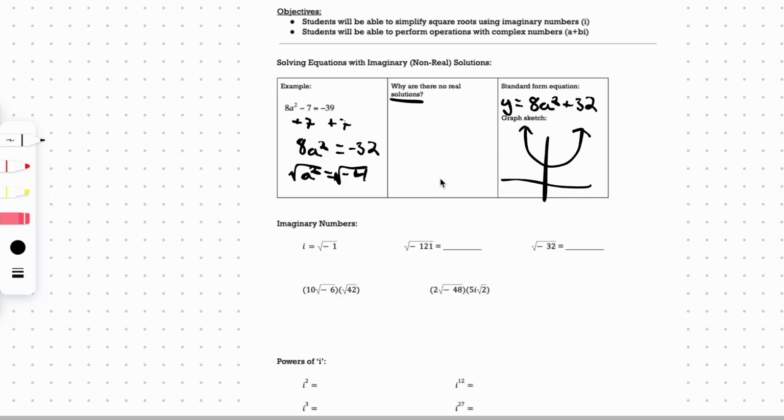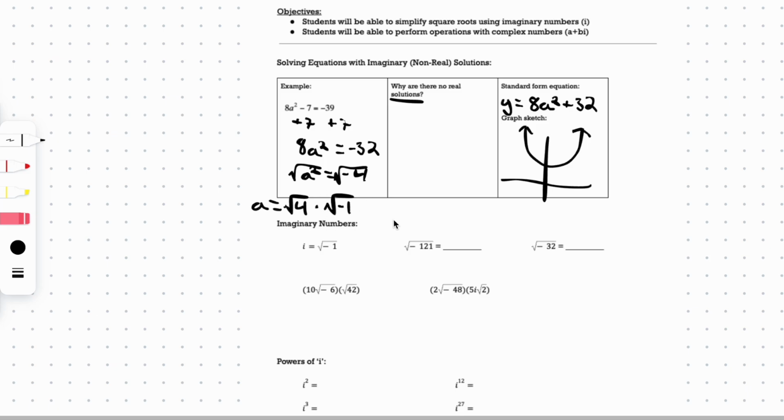Okay, so back to this problem. We had the square root of a squared equals the square root of negative 4. I'm going to switch that up. The square root of a squared is just a. And instead of the square root of negative 4, I'm going to say the square root of 4 times the square root of negative 1.